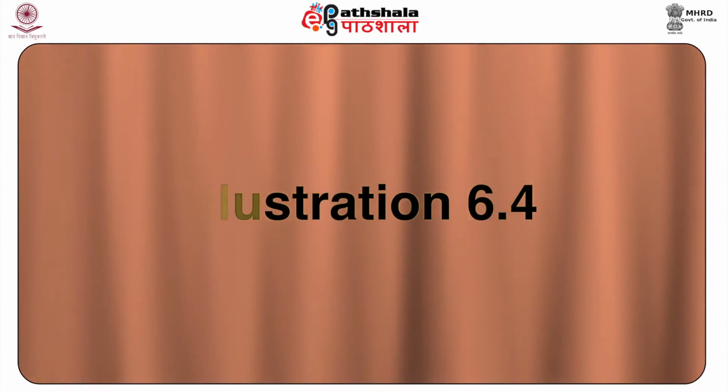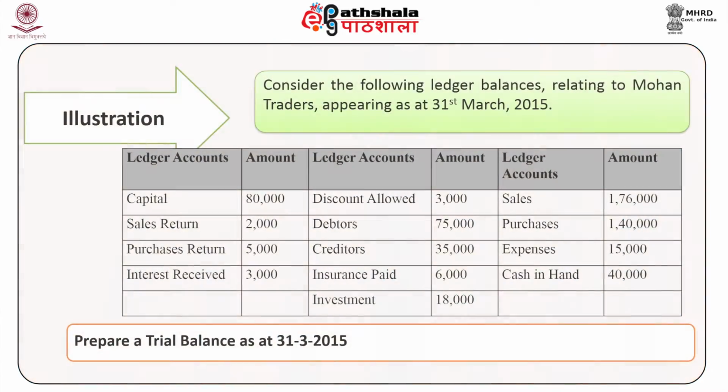Illustration 6.4. Consider the following ledger balances relating to Mohan Traders appearing as at 31st March 2015. Particulars given are ledger accounts and amounts. I am reading left to right.